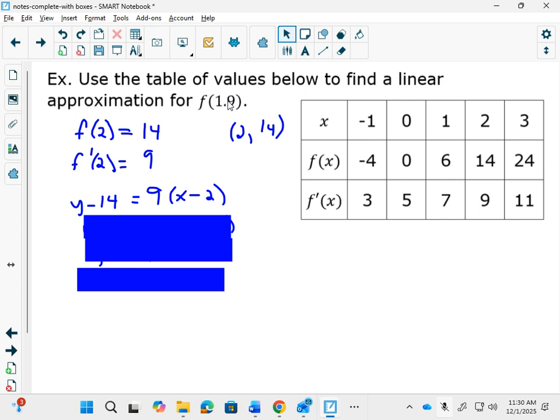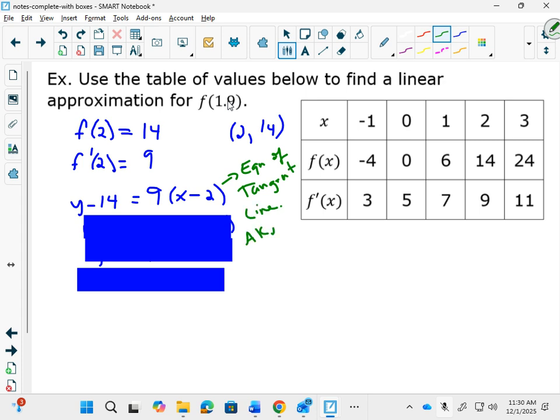That's your linear approximation, because that's your equation of your tangent line. This is the equation of the tangent line, aka linear approximation.